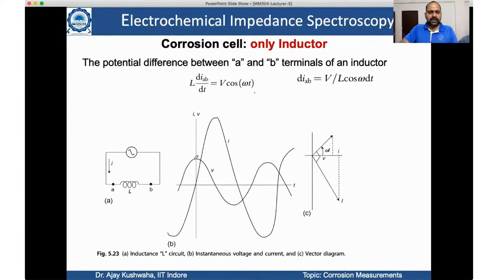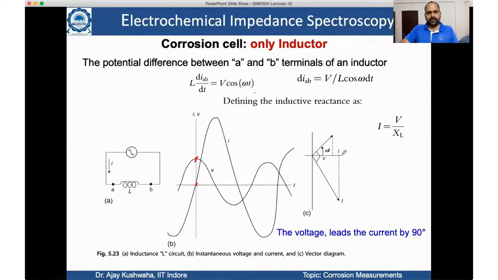See, the voltage is maximum but current here is zero. Current is max, voltage is maximum. So current is behind, or you can say the voltage is ahead by 90 degrees. In this case, voltage leads the current by 90. And we can represent I equals V by XL, if XL is the impedance of the inductor.